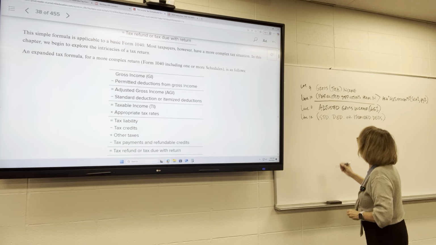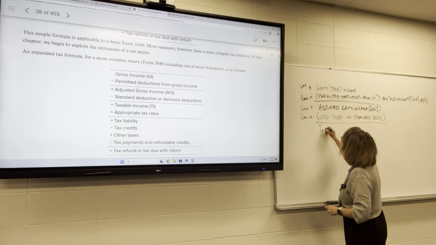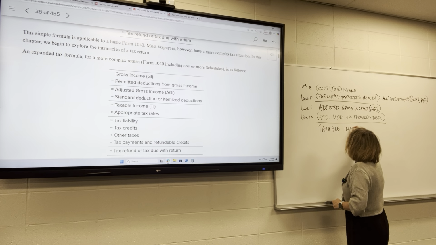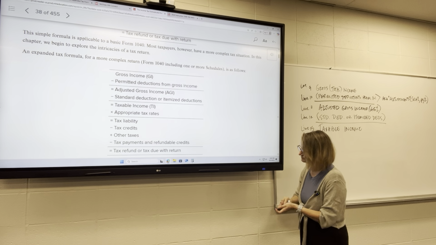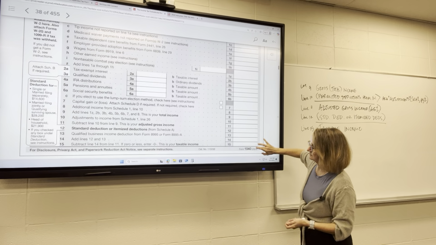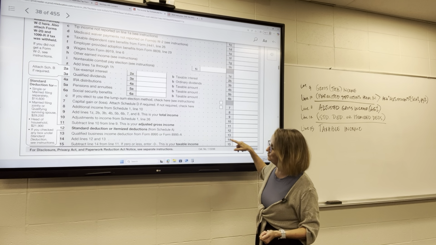To get to our taxable income. And that's line 15. Now, you'll see we got line 12, we've got line 13, which we're going to talk about.